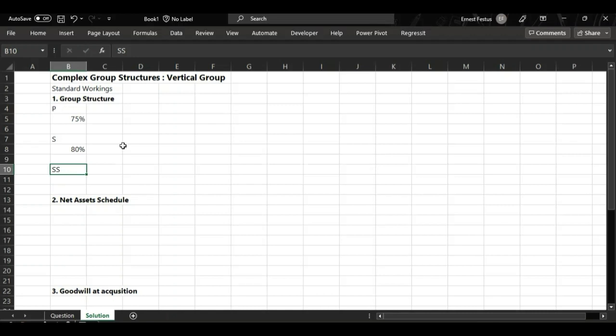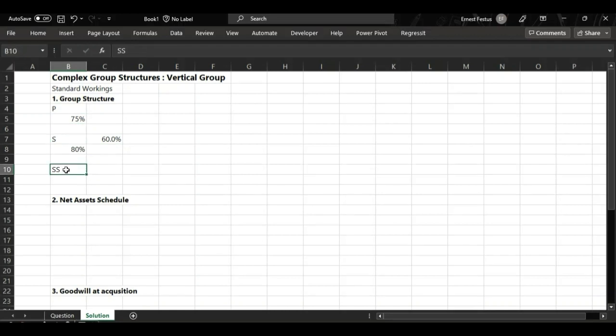So for P over SS, I'm doing it right here. It is going to be equal to the 75% we have here multiplied by the 80% we have here, and that is 60%. I'll go over it again. P controls 75% of S's shares.